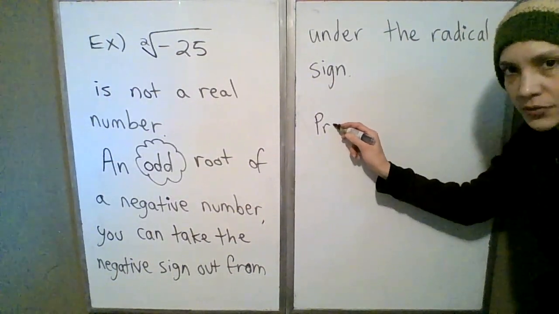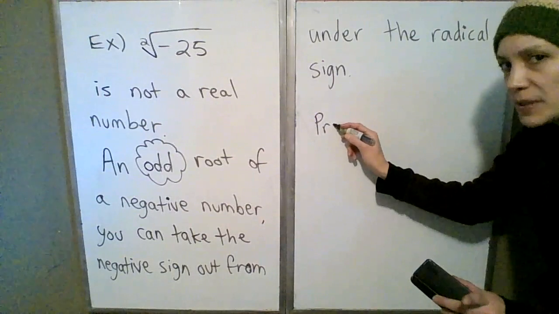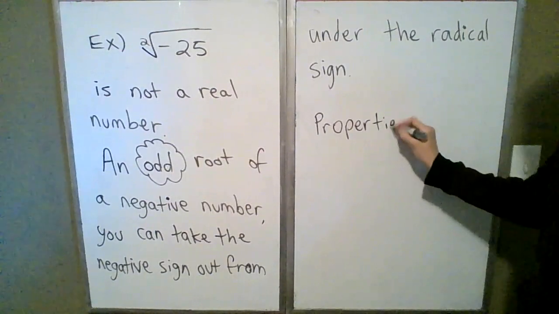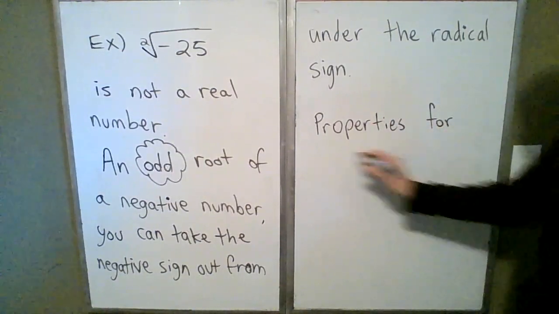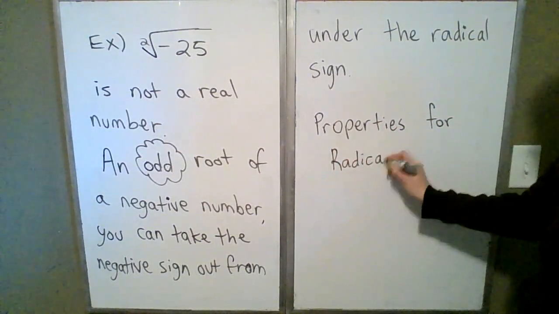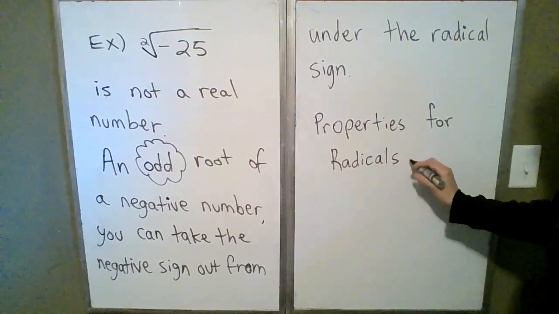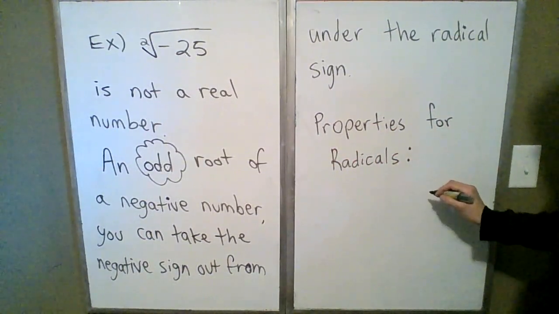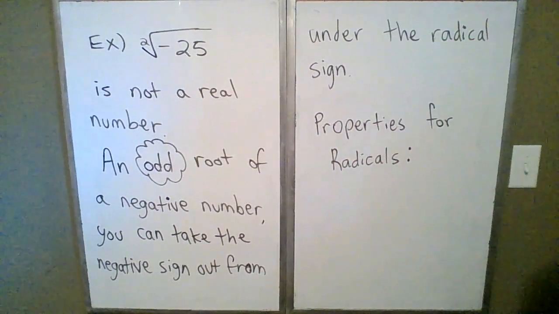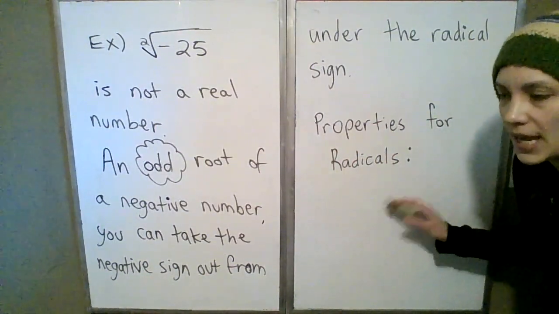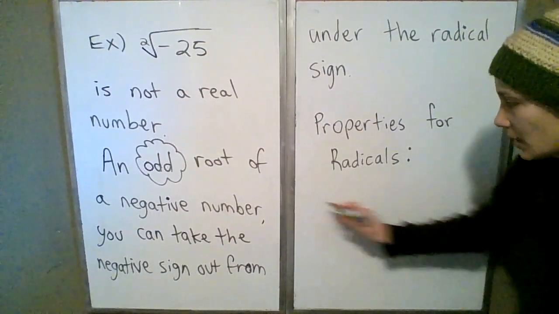I would say that these are properties for radicals, and I'm going to note that it's only for multiplication and division. We're going to let A and B be non-negative numbers.